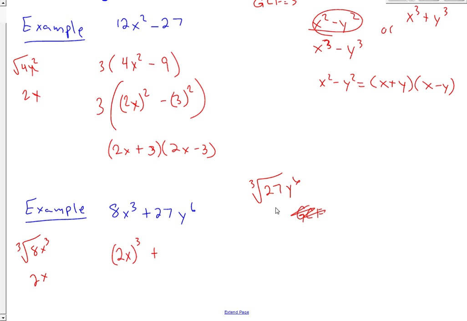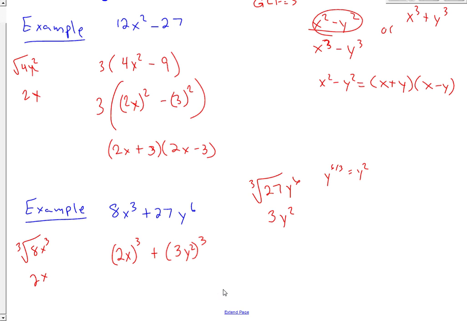The cube root of 27 is 3, and the cube root of y to the sixth, because y to the 6 thirds, remember the radical value is the denominator on the exponent, and 6 over 3 is 2, so y squared. So my value that is being cubed here is 3y squared.